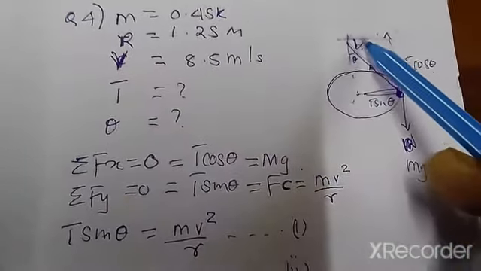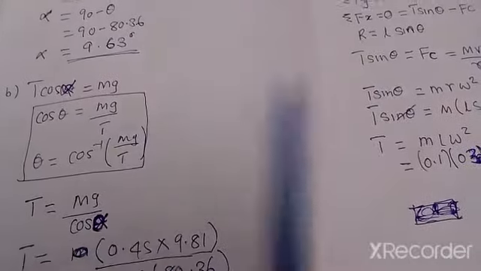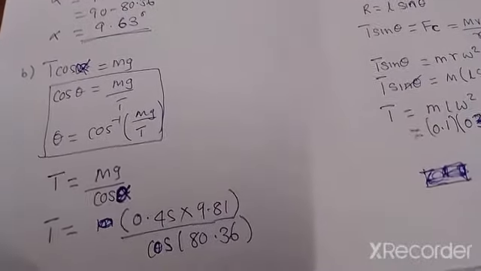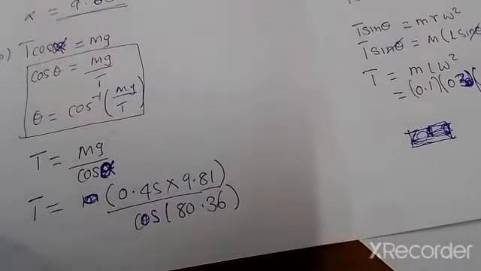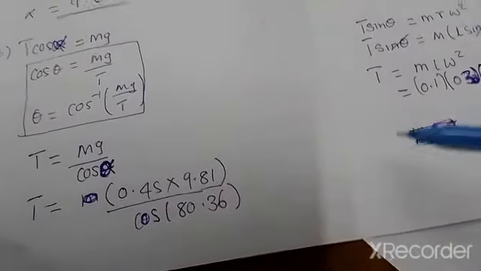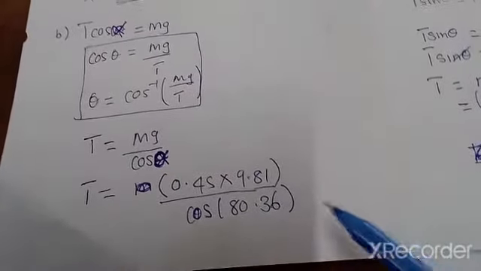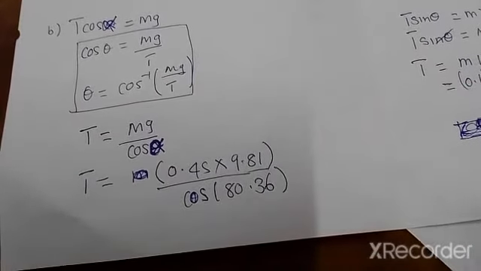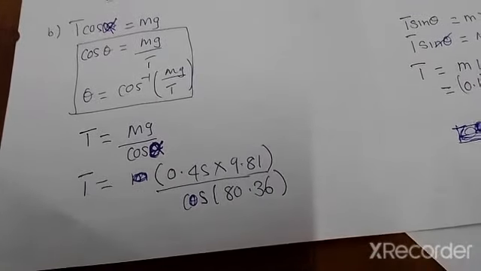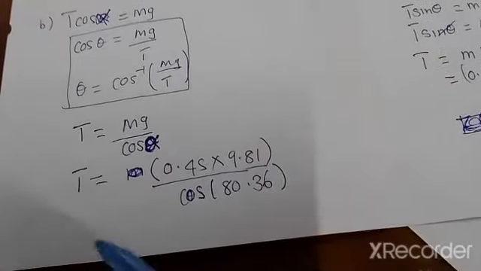If I use alpha instead of theta, I'm going to get the wrong results. I used theta to calculate the angles, so that's the same theta I have to use to calculate the tension. If you use alpha to find the components of the vectors and the angle, then you have to use alpha to find the tension as well.